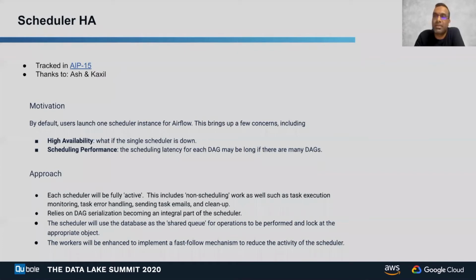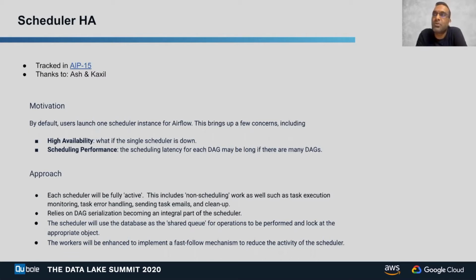So there have been lots of tries. I would say a couple of tries happened earlier to make it HA, basically. In one solution, people actually run multiple schedulers with different DAG folders. They don't run the schedulers with the same DAG folder; they actually split the tasks, but it doesn't give you the HA.